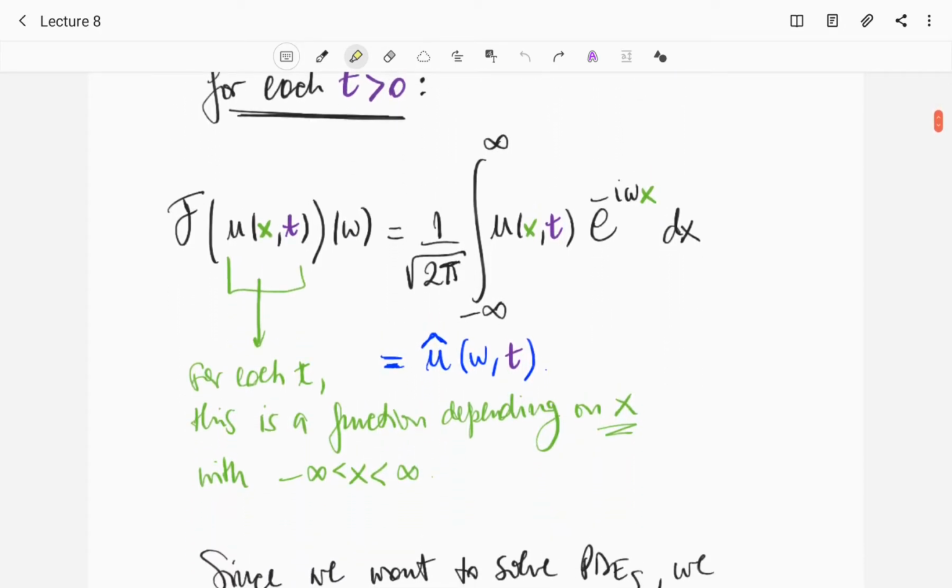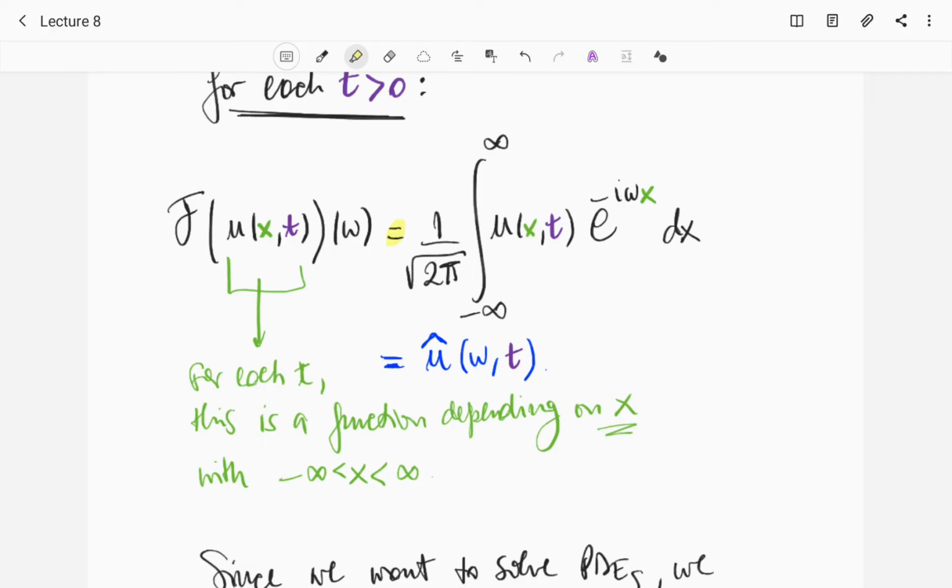Okay, so we can compute the Fourier transform of the function u of x, t, where we are transforming in this variable x. So for each t, this is a function depending on x. Okay, by definition, here again, remember that in the previous lecture we saw these two definitions, the Fourier transform and the inverse Fourier transform, and then how to operate with them, the linearity property, and how the Fourier transform acts on the derivative of a function.